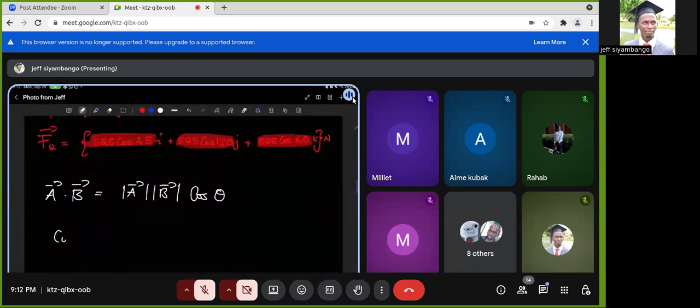So from here, if we wanted to get the angle between the two vectors A and B, we would have to divide the dot product by the product of their magnitudes.